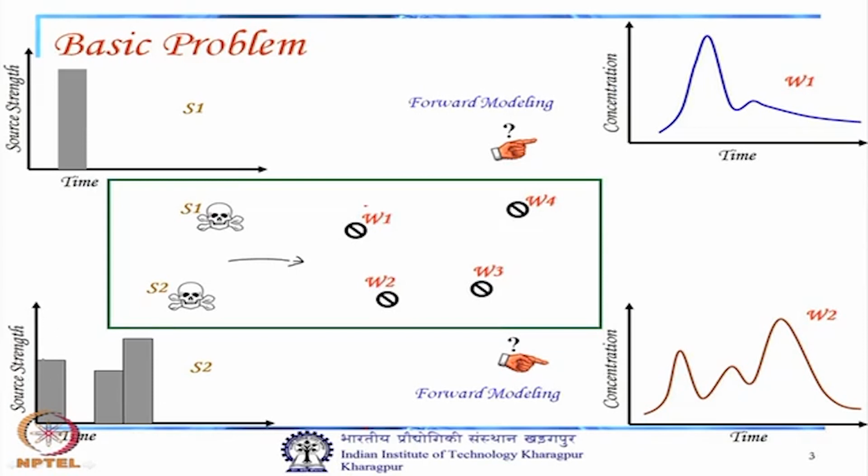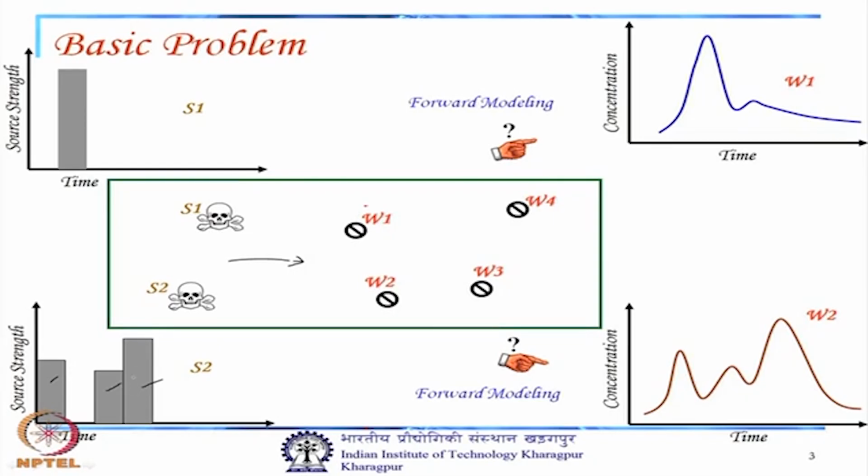in terms of its strength, whether for the first year, second year, third year, fourth year. Maybe S1 is responsible for the contamination only in the second year, but S2 is responsible for the contamination of the first, third and fourth year.